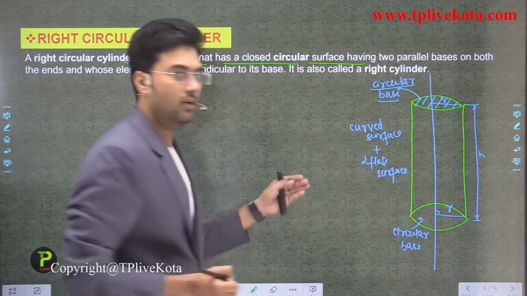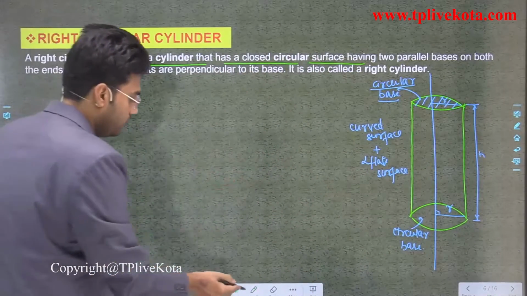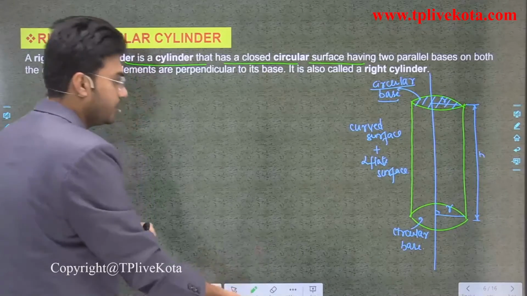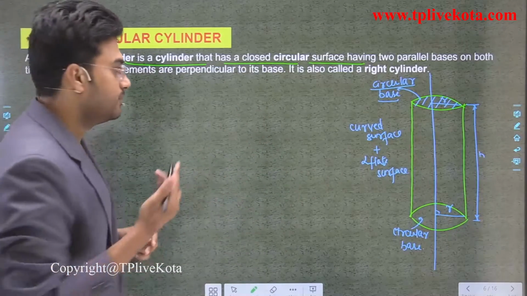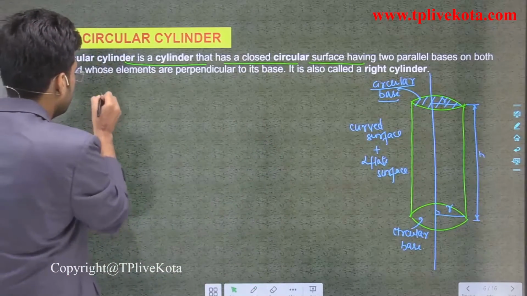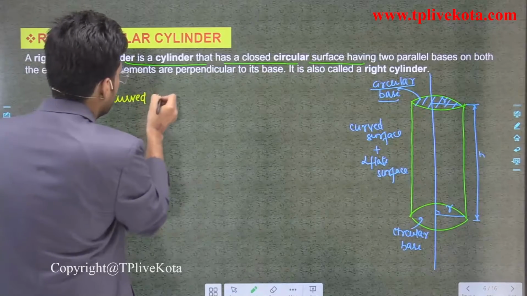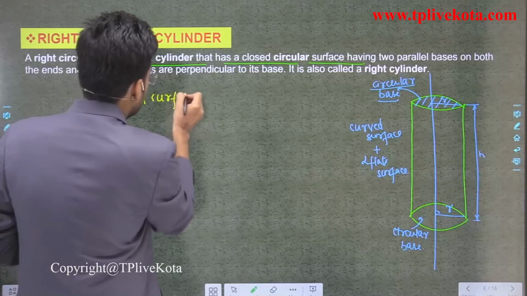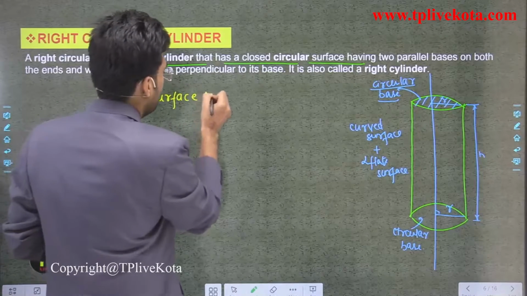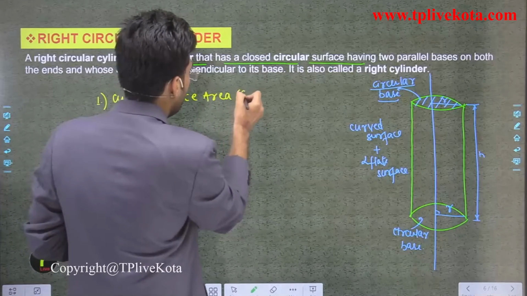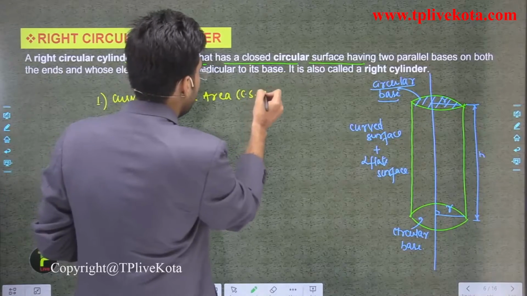Okay, so now let's discuss a few formulas related to the right circular cylinder. So the first is curved surface area, in short we call it CSA.